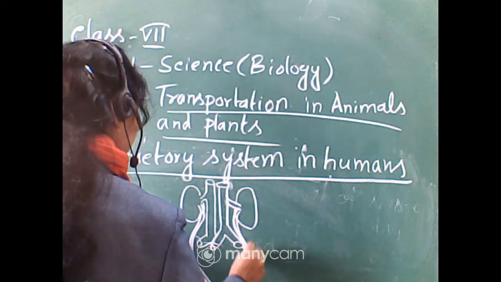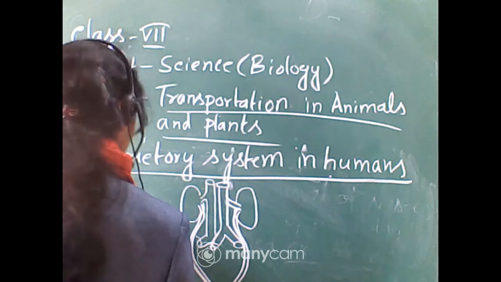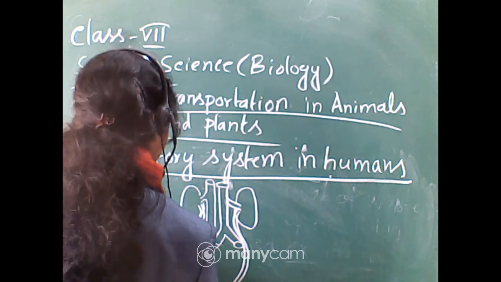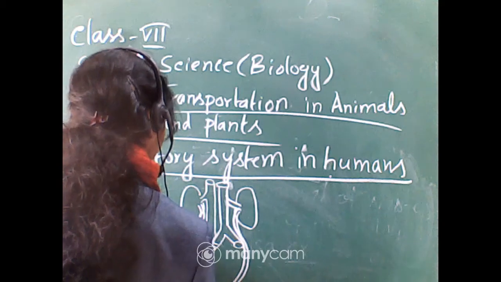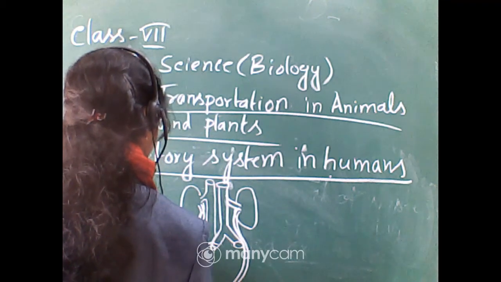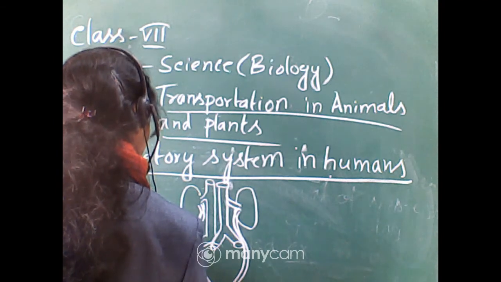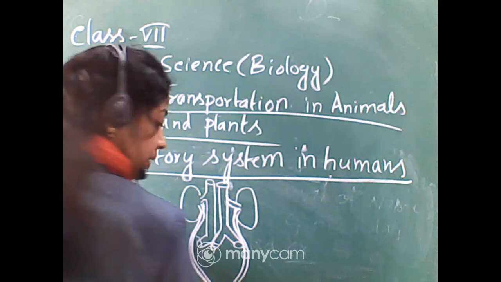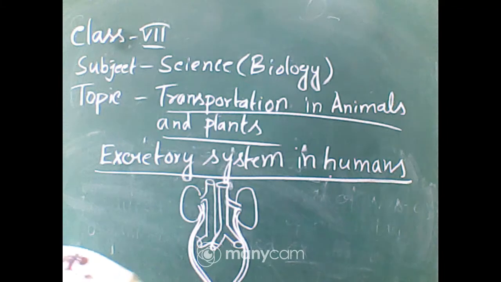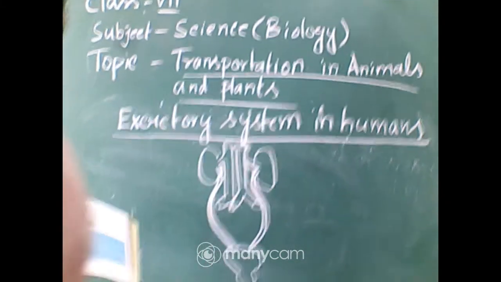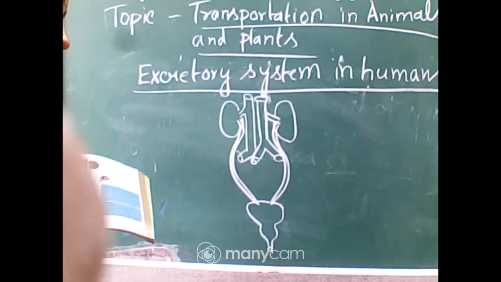They are called ureters, and they connect with another part of the excretory system known as the urinary bladder. Understood? Can you see the picture fully?